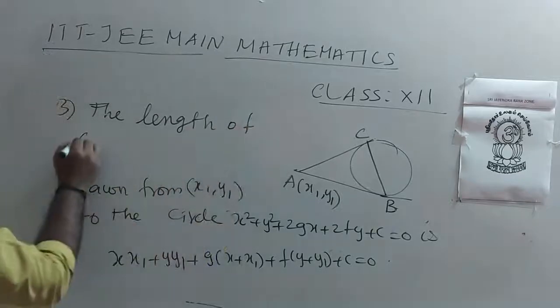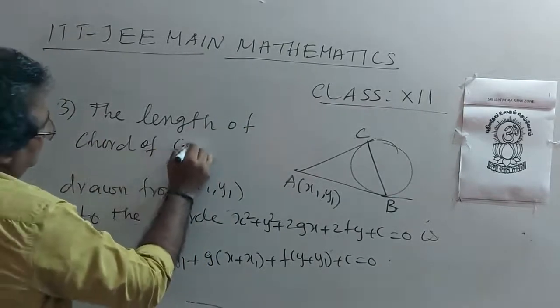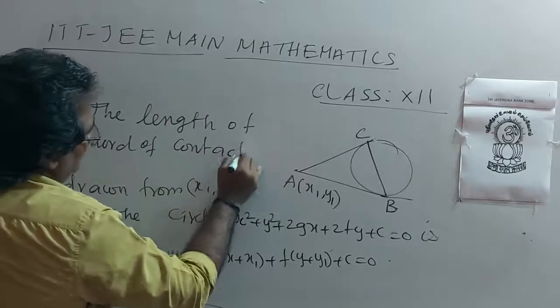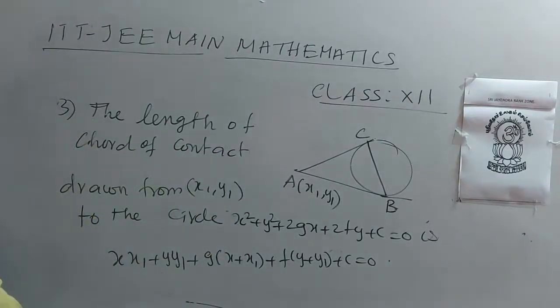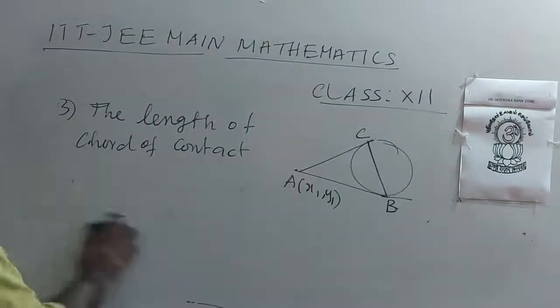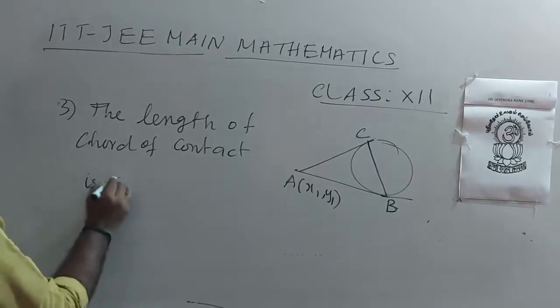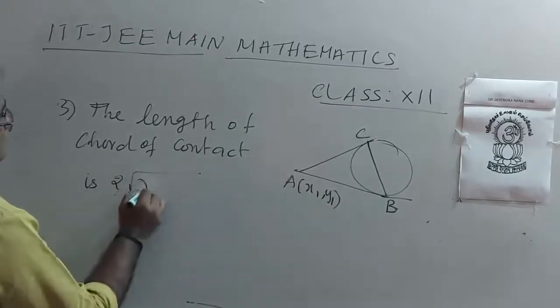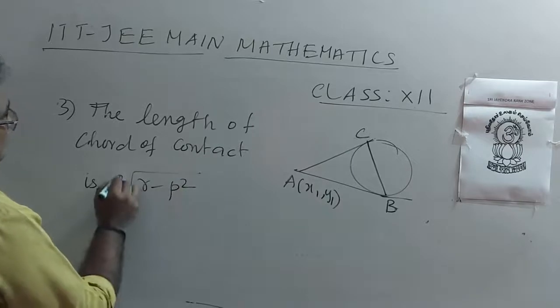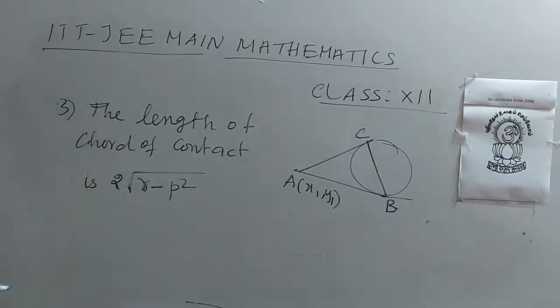The length of the chord of contact is twice the square root of r squared minus p squared.